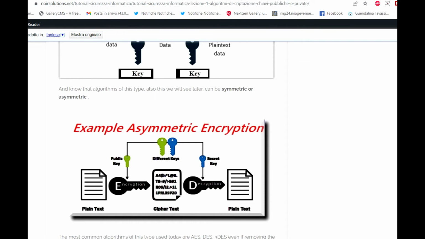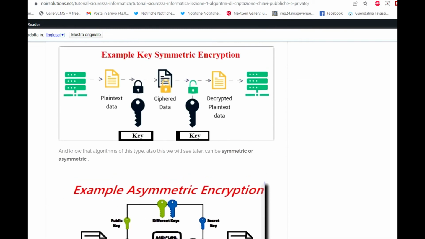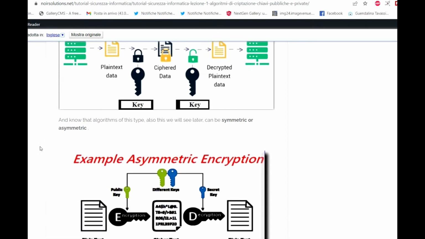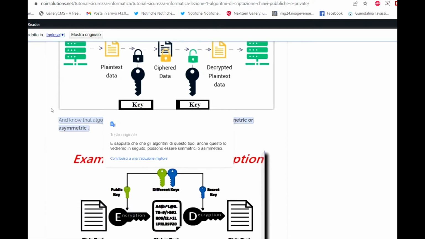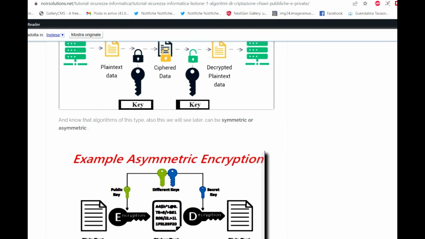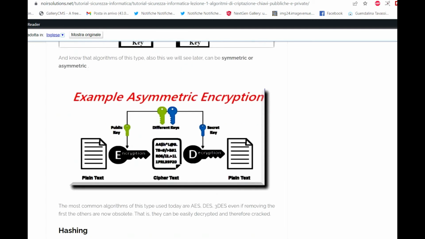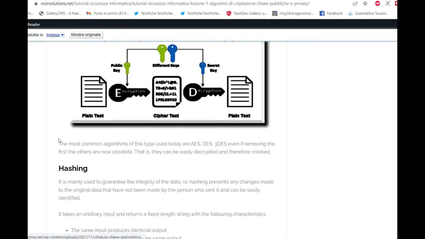Wait a moment. This is the picture of symmetric key encryption, where we have the plain text data, the key, the cipher data encrypted with the key, and then decrypted again with the key into plain text data. And now, algorithms of this type, as we will see later, can be symmetric or asymmetric, as you can see in the picture.